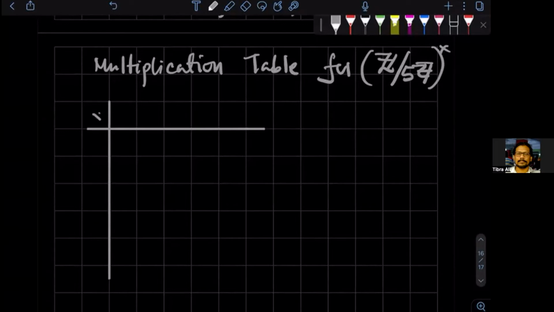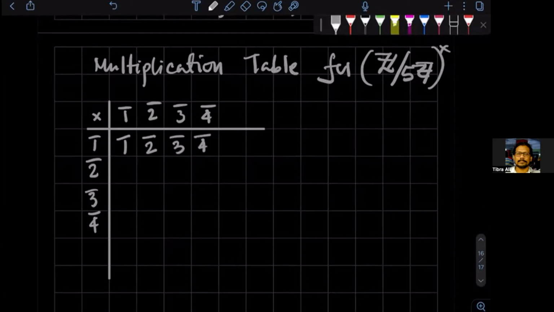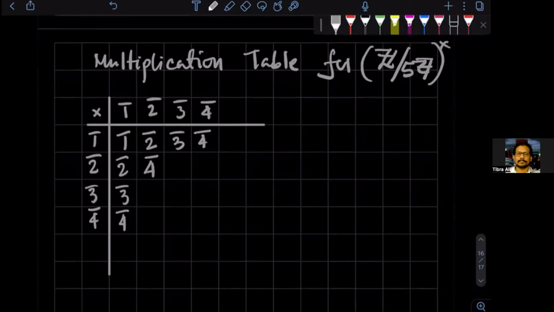Here we have 1, 2, 3, 4, 1, 2, 3, 4. Here, 1 is the identity element, so we have 1, 2, 3, 4, and immediately we can write 1, 2, 3, 4. But now you see that 2 times 2 is 4, right? So we can put 4 there.